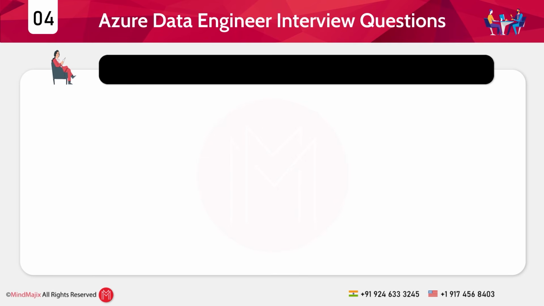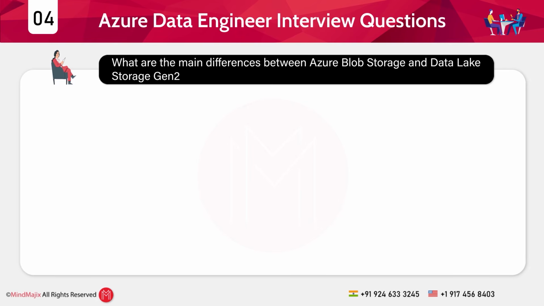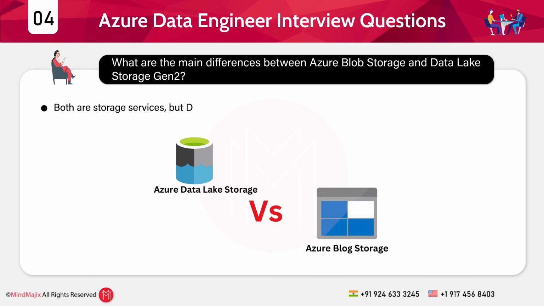The next question says, what are the main differences between Azure Blob Storage and Data Lake Storage Gen 2? So guys, both are storage services, but Data Lake Storage Gen 2 is built on top of Blob Storage with additional capabilities. It supports hierarchical namespace such as folders and directories, which makes it easier for big data analytics.